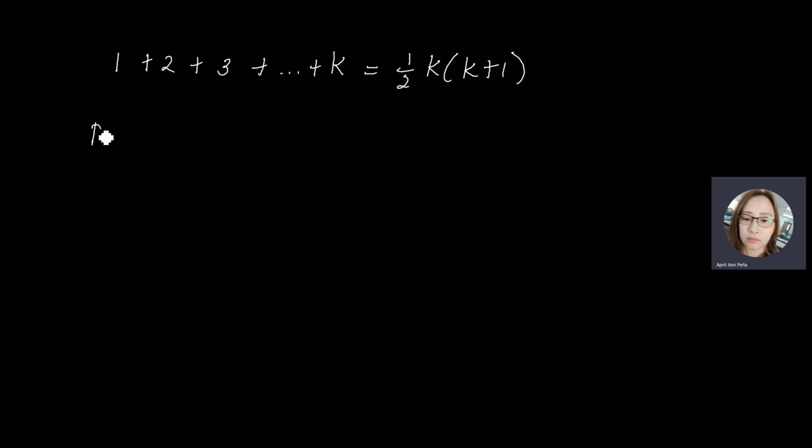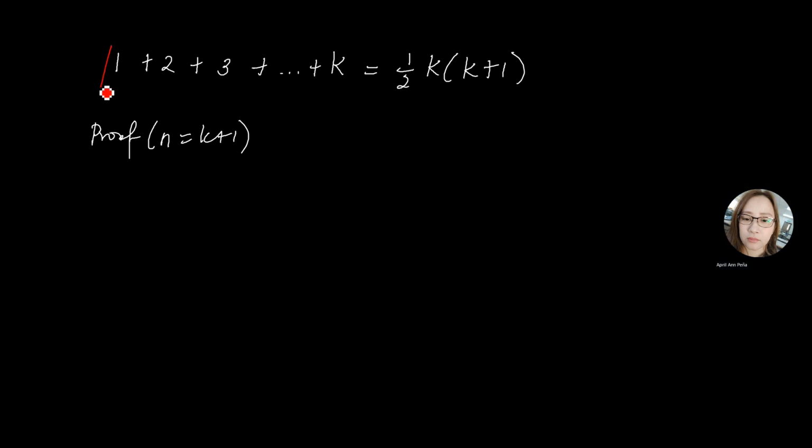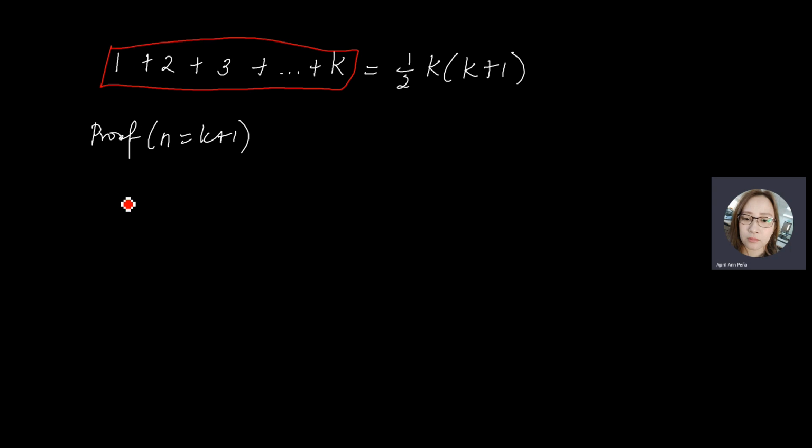So for the proof, in which n will become k plus 1, simply copy the left side of the induction hypothesis. So we have 1 plus 2 plus 3 plus k. All right?